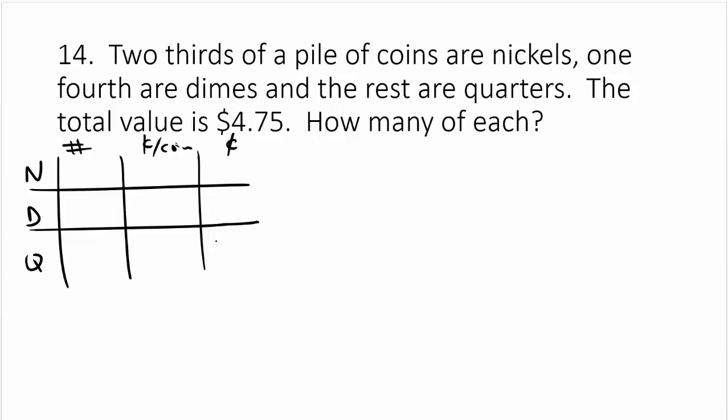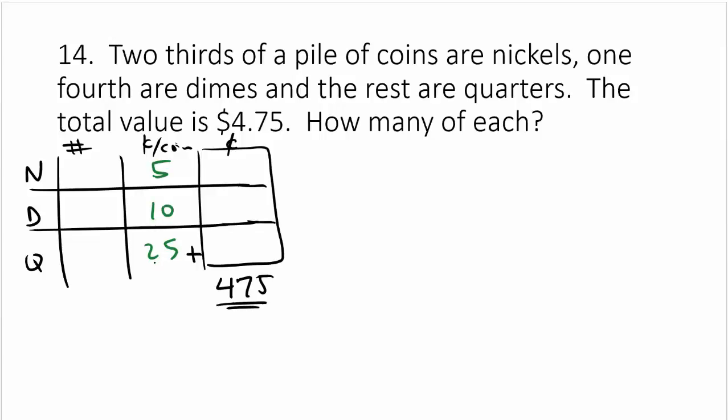So in this problem, these last three boxes are going to add up to be 475, because that's the total amount. We know these. This is 5 cents, 10 cents, 25 cents. Now, let's call the entire pile x. So the whole pile is x.